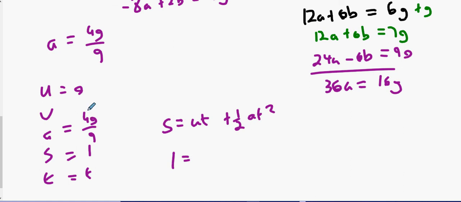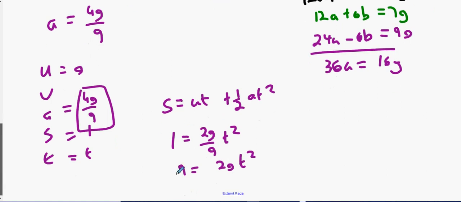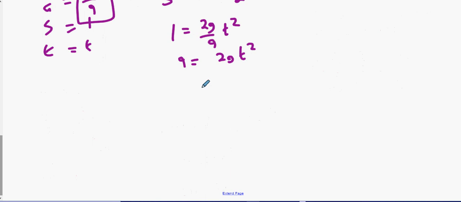Half of a is 4g over 9, t squared. Running out of time here because my kid is going to be downstairs in a second for his late night bottle. T squared equals 9 divided by 2g. And we square root that.